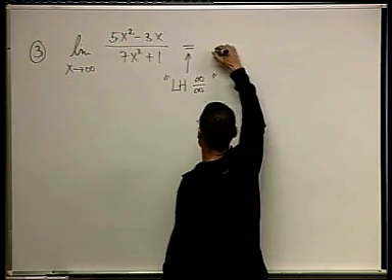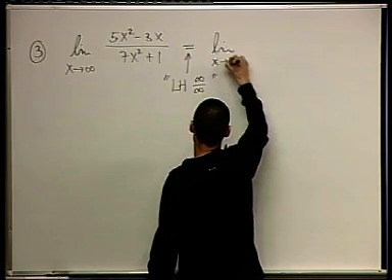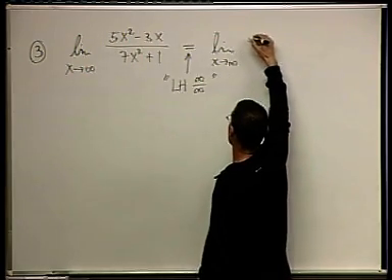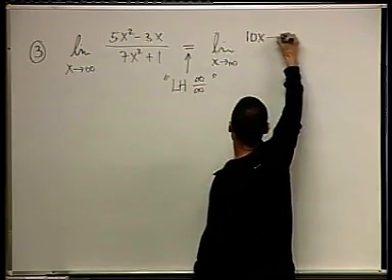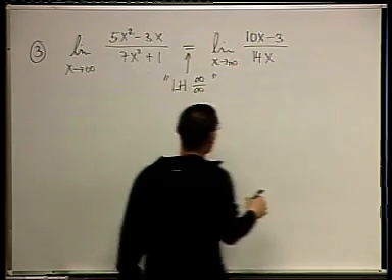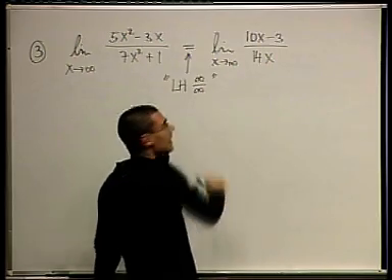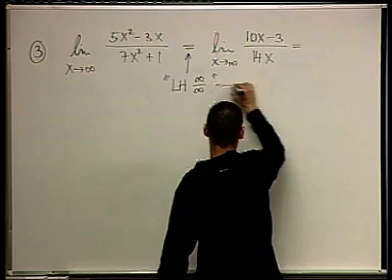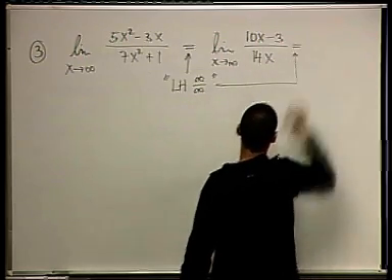So what does L'Hopital tell us? Well, take the limit of the quotient of the derivatives. So what's the derivatives here? It's 10x minus 3 divided by 14x. It's still an infinity over infinity situation, so we're going to actually use L'Hopital again.